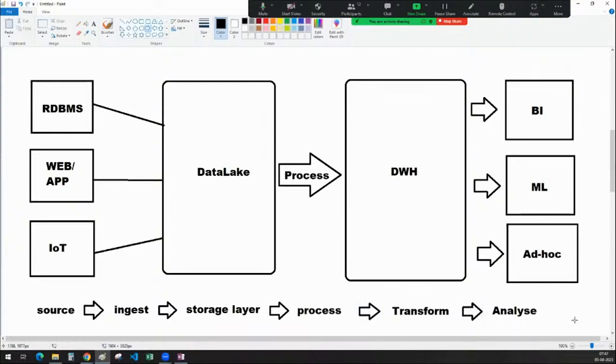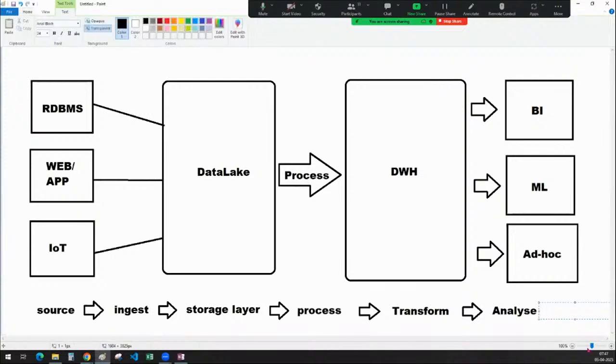So this is called a data life cycle. Collecting or ingesting the data and storing it, processing or transforming the data, finally analysis, or you can also say dashboards, report creation, reporting.